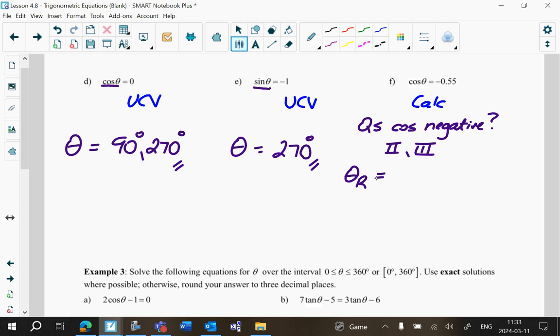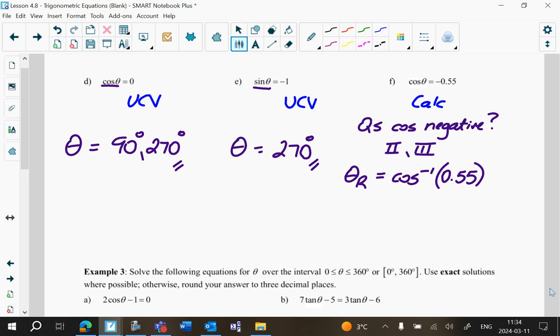Remember, we're finding the reference angle. The reference angle is always an acute angle. So if the original number here is negative, to find the reference angle, you have to take the inverse of the positive. So you have to do cos inverse 0.55 to get the reference angle. Otherwise, it will give you a negative answer and you'll get all messed up.